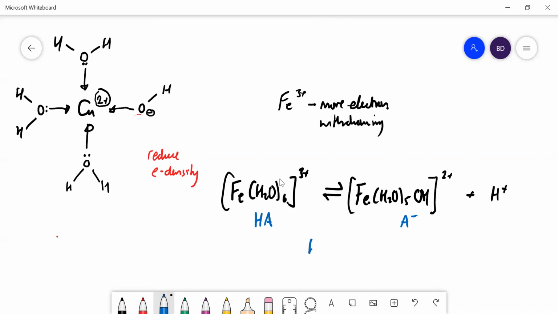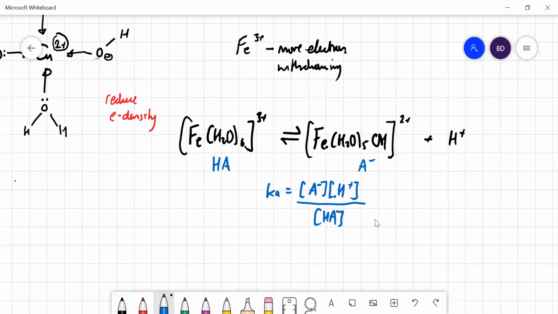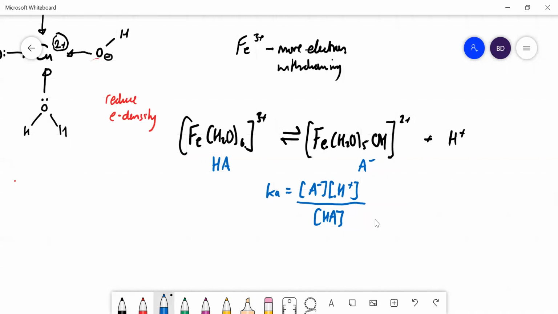If you remember, the Ka constant is equal to the A minus concentration times the hydrogen ion concentration over the concentration of HA. For the hydrated iron 3 ion, Ka is equal to 6 times 10 to the minus 3 mole per decimeter cubed, the units.